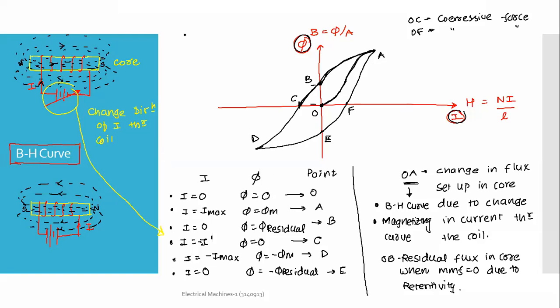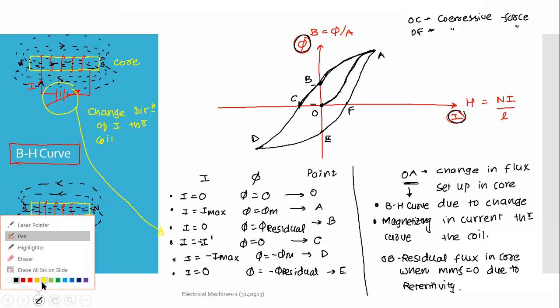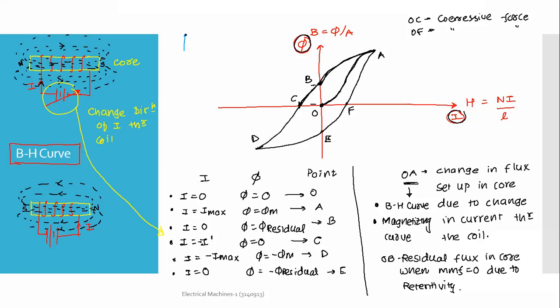Now see what will happen in AC applications. I will show you. Suppose we have a core here, and there is a coil wound on it. This is applicable to all the machines: transformer, induction motor, generator, everywhere.